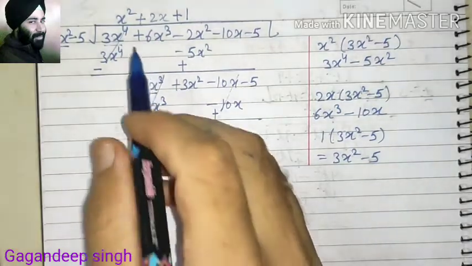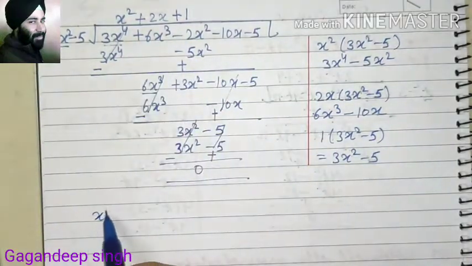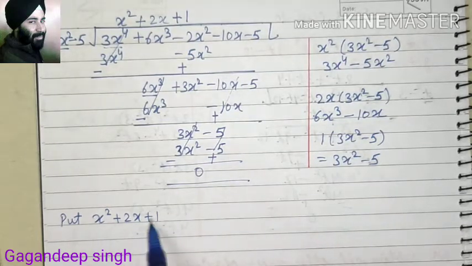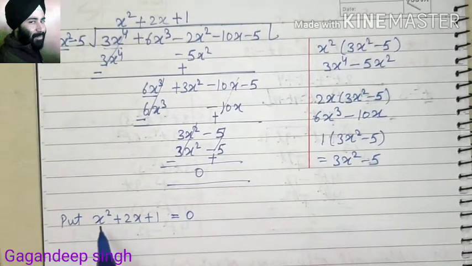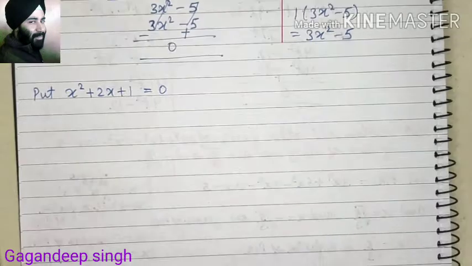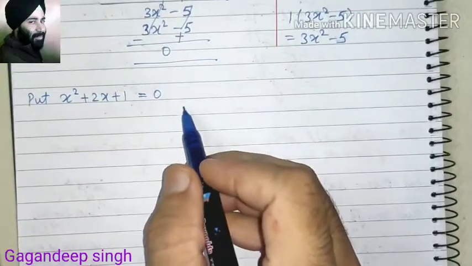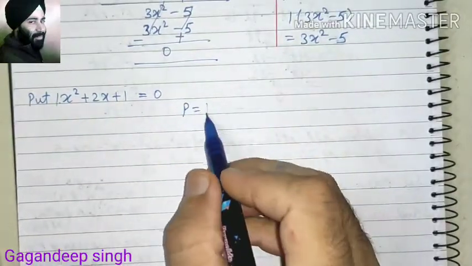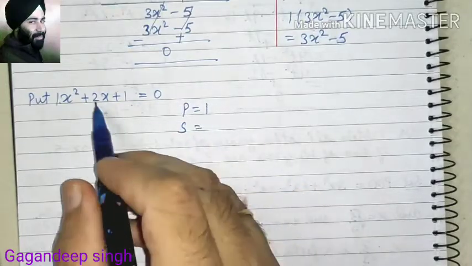Now consider that quotient x square plus 2x plus 1. Put this polynomial equal to 0, and we can do factors by splitting of middle term. We have to find two numbers such that product should be 1 into 1, 1 and sum should be 2.